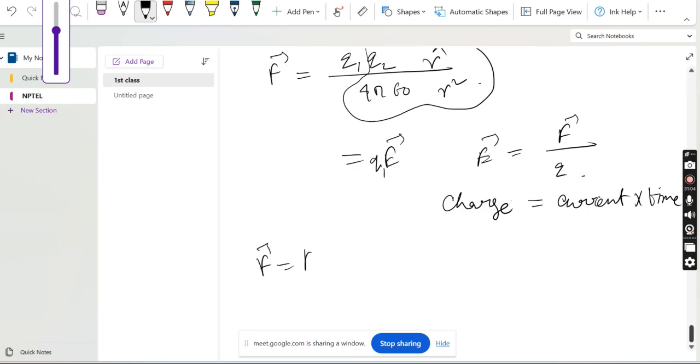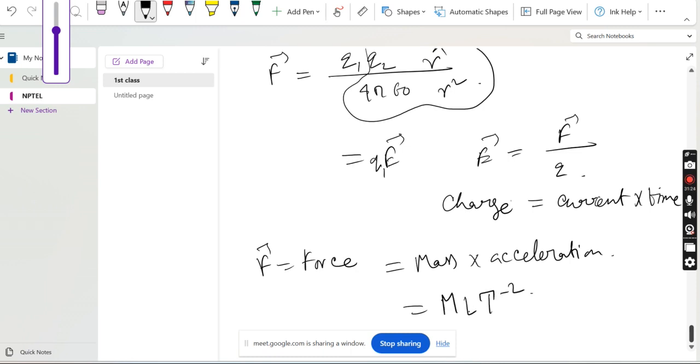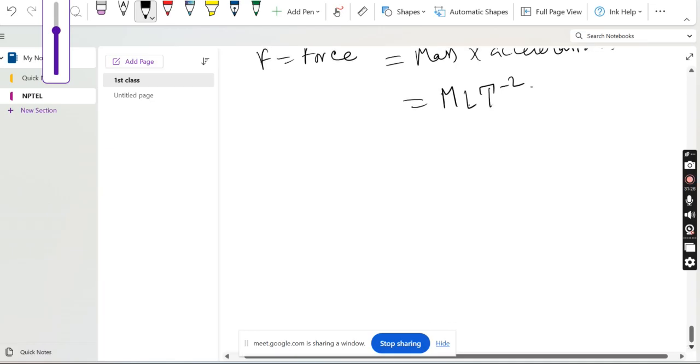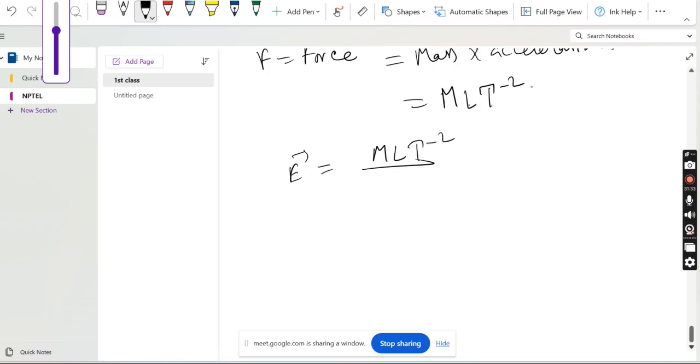We know force is mass into acceleration, which is M L T to the power minus 2. So the electric field would be M L T to the power minus 2 divided by the charge's dimension.